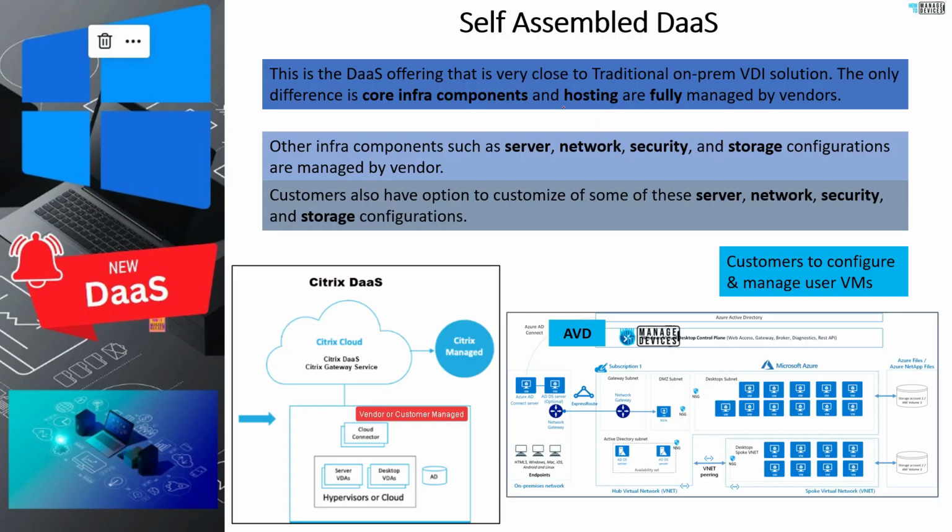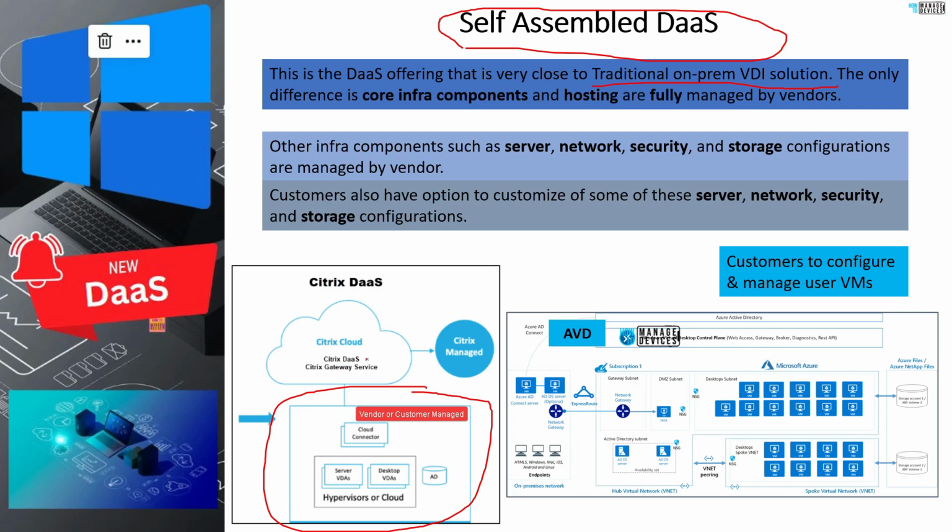So let's look at self-assembled DaaS. This is the first offering, and this is very close to the traditional on-prem VDI solution. You need a high level of technical skill to have this infrastructure, a self-assembled VDI platform.